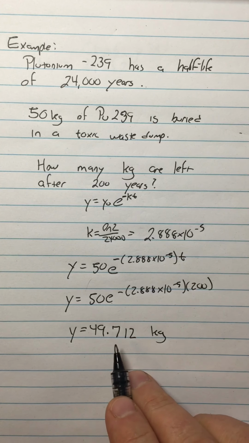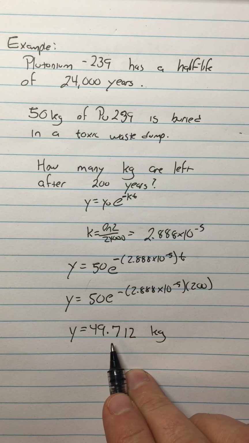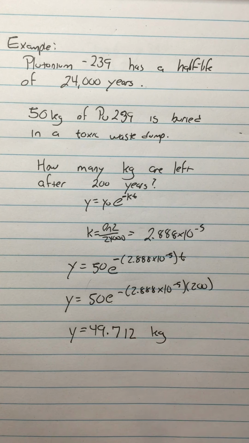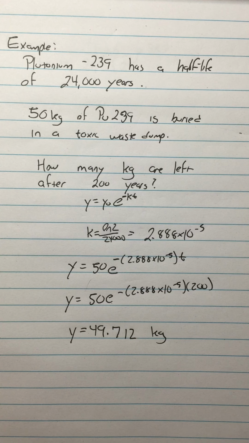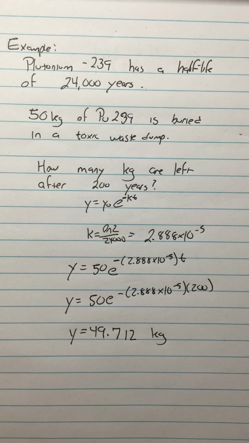After 200 years, we haven't even lost half of a kilogram of material. And that's why plutonium is so dangerous, aside from it being classed as one of the most toxic substances known, since a single atom of plutonium in your lungs can give you a terminal cancer. Anyway, half-life. There you go.